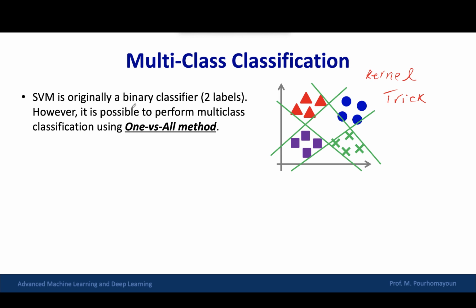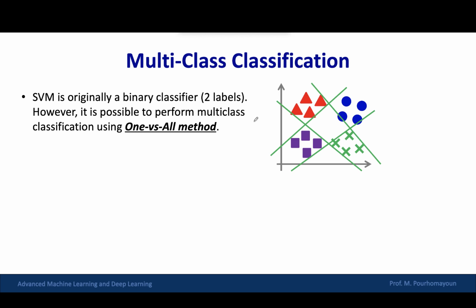So SVM is originally a binary classifier. So far I just assumed that there is a line, something on this side of the line, something on the other side of the line. Okay, so far it was binary. But technically you may have more than one label, like 3 labels, setosa, versicolor, virginica, or other things. For any data you may have more than 2 labels.